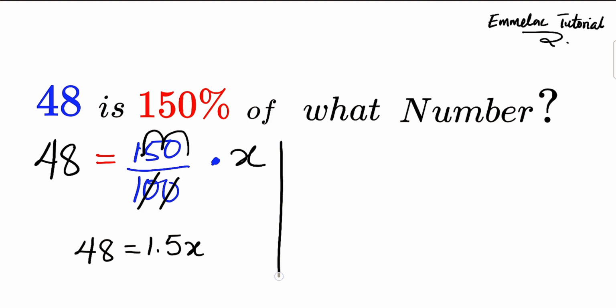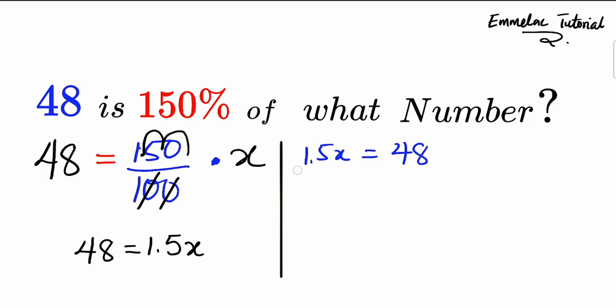So the first thing we need to look out for is to divide both sides by the coefficient of x, which is 1.5. So here we have 1.5x equals 48.